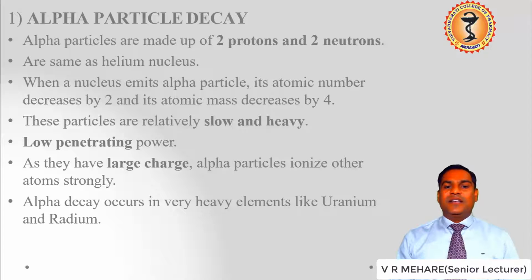Alpha particles are relatively slow and heavy. They have low penetration power compared to beta and gamma. As they have a large charge, alpha particles ionize other atoms strongly. Alpha decay occurs in very heavy elements like uranium and radium. These were some special characteristics of alpha particles.